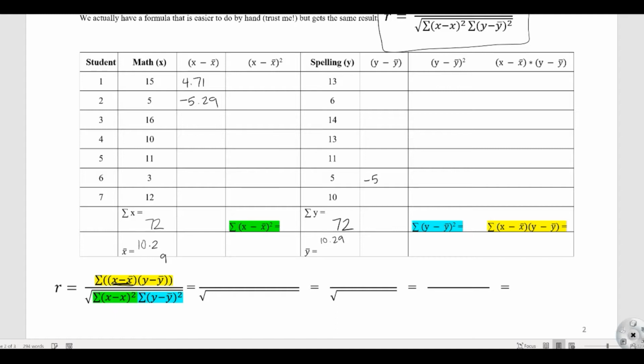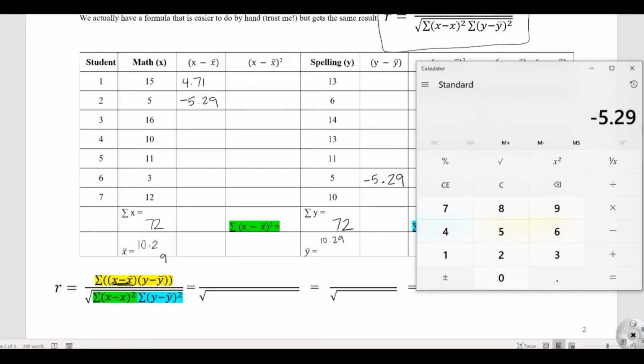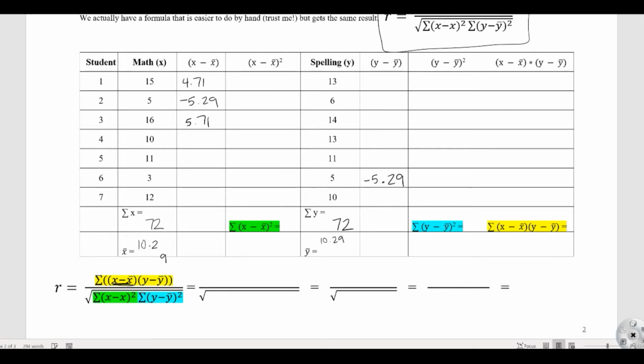Since these have the same mean, it actually makes it a little easier because 5 minus 10.29 is still going to be negative 5.29. So plug that in. Then up next, 16 minus 10.29. We're going to get 5.71.